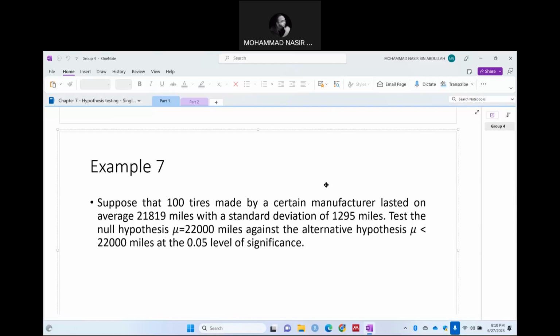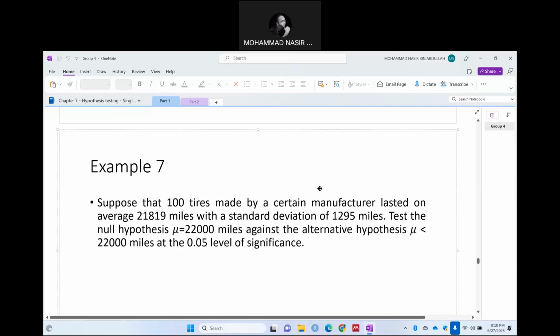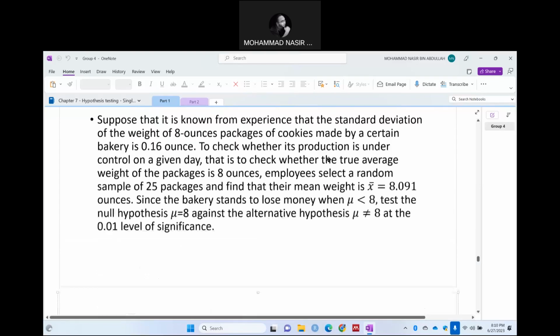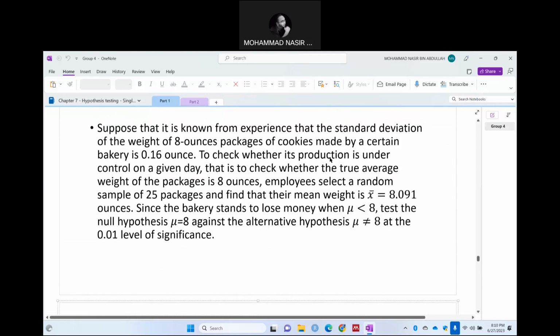Let's continue from yesterday. Yesterday we learned the concept of hypothesis testing, and we already know the procedure to conduct a hypothesis test. First step is to state the hypothesis statement, level of significance, and test statistic.